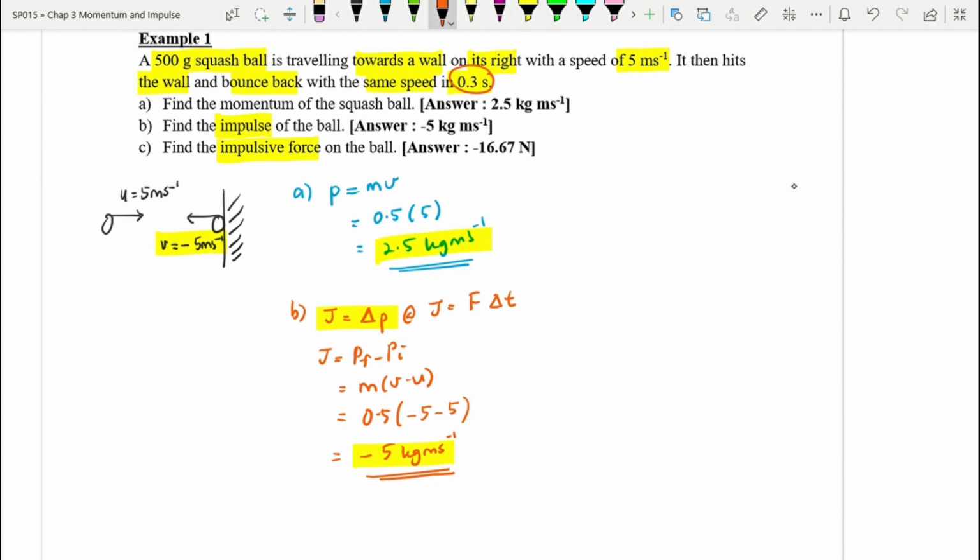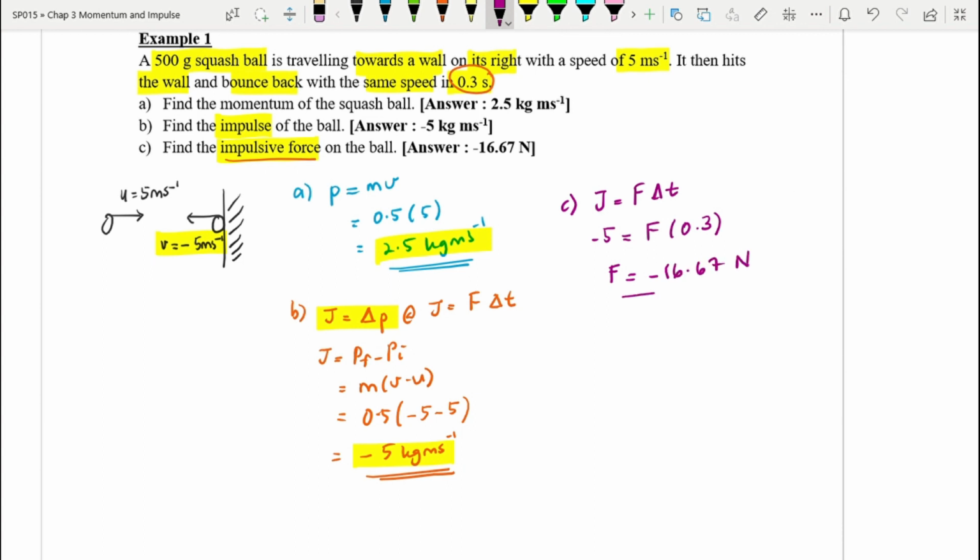So impulsive force ni refer kepada average force yang dalam formula impulse tu. Okay, so J equals to F delta T. So negative 5 yang kita dapat daripada soalan B, F yang kita nak cari, and then contact time, duration of ball in contact with the wall is 0.3. So just kirakan saja. Okay, double check ya.